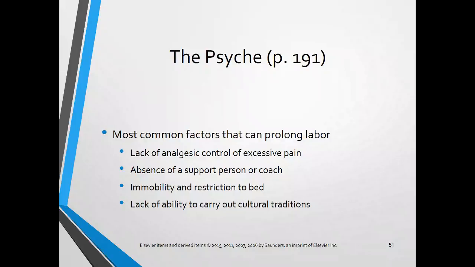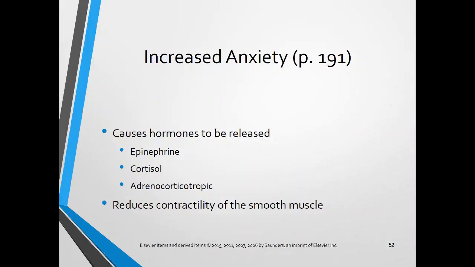Okay, another reason why is the psych. So here are some of the most common factors that can prolong labor when it comes to psych: absence of support, immobility or restriction in the bed, lack of ability to carry out cultural traditions, or lack of pain control, increased anxiety.